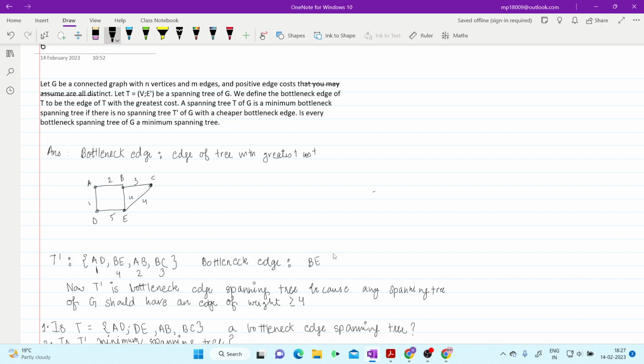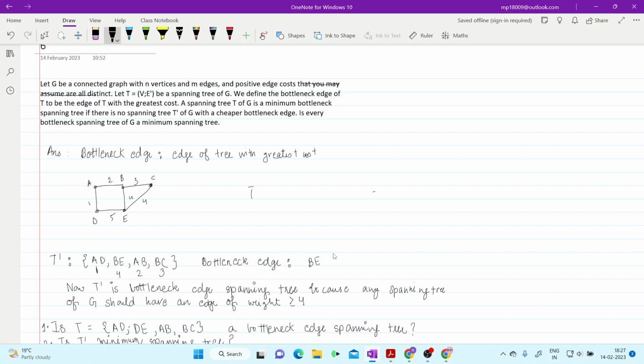So what is the bottleneck edge? First of all, what is the bottleneck edge of a tree T? Suppose you are given a graph G and T is a spanning tree for that particular graph. Bottleneck edge refers to the edge with the highest weight in that tree.